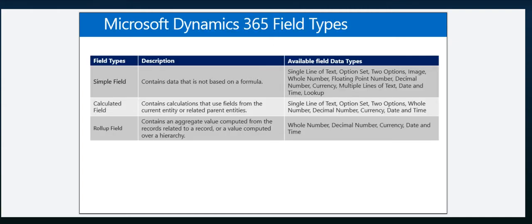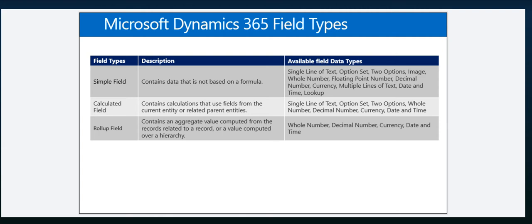There are 3 different types of fields that you can work with. There's the simple field, which is basically where you just input data, depending on what type it is, the user inputs data, or a workflow puts in data.